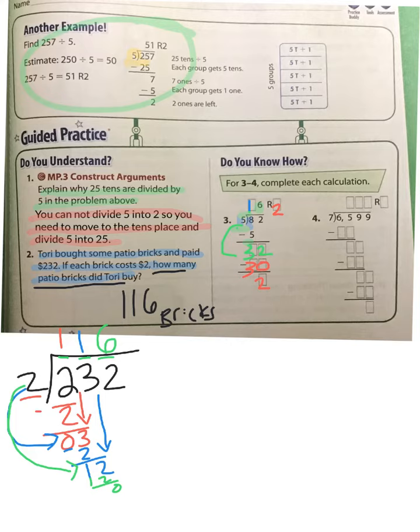Now let's do number 4. We cannot divide 7 into 6. So we need to divide 7 into 65. Well, how many times does 7 go into 65? I know that 7 times 8 is 56, but 7 times 9 is 63.